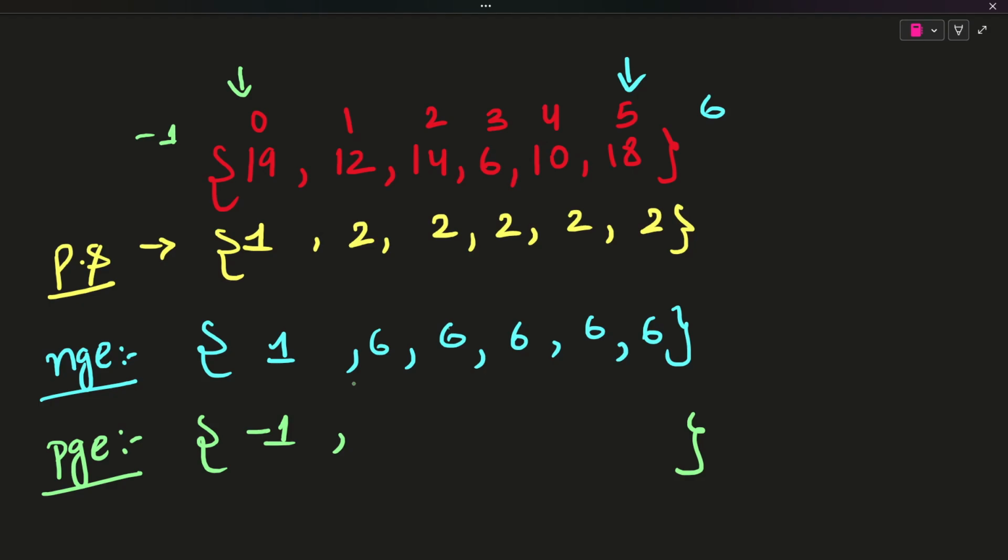See, NGE was checking equality. Here we are gonna check, in this case if it's equal, we are gonna consider it.